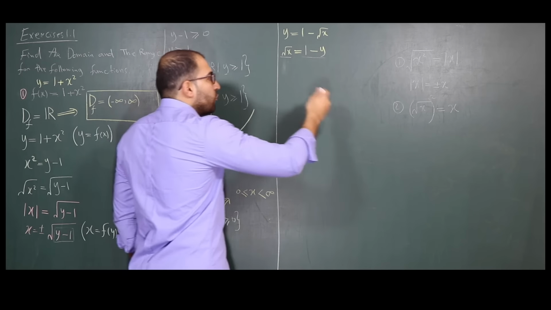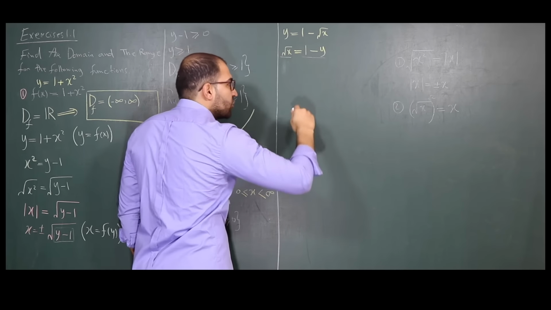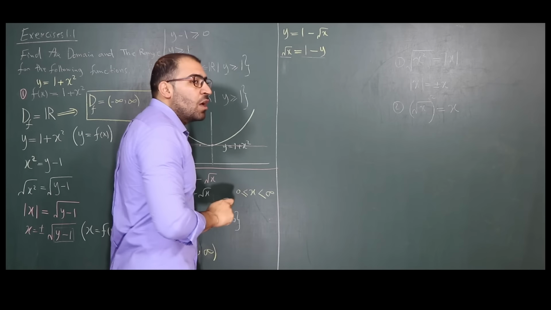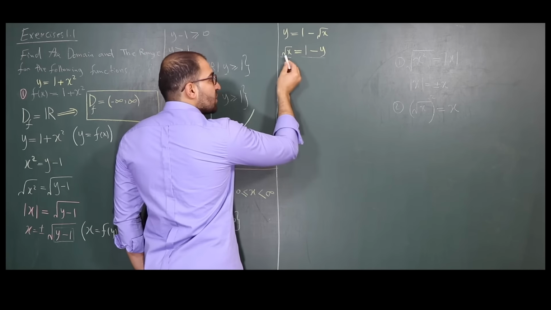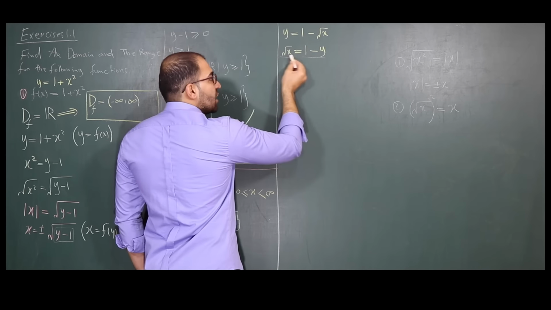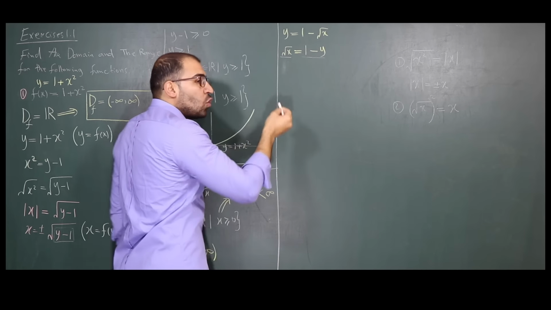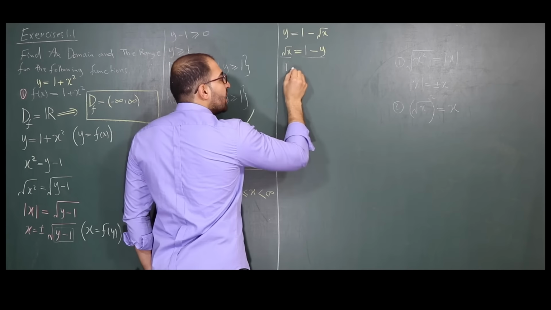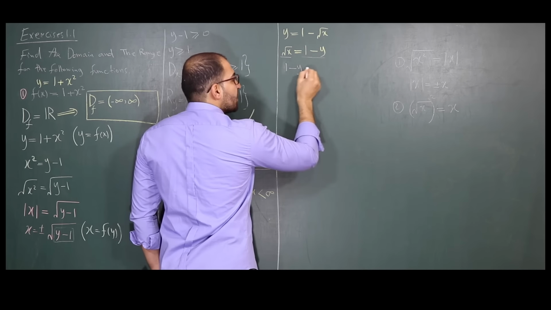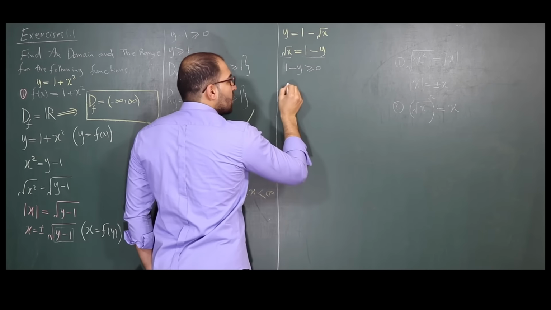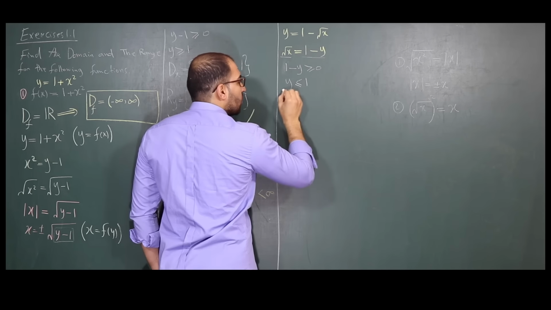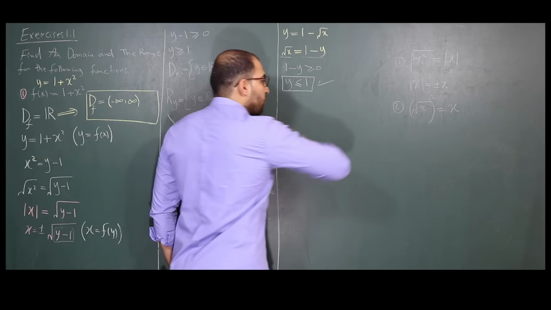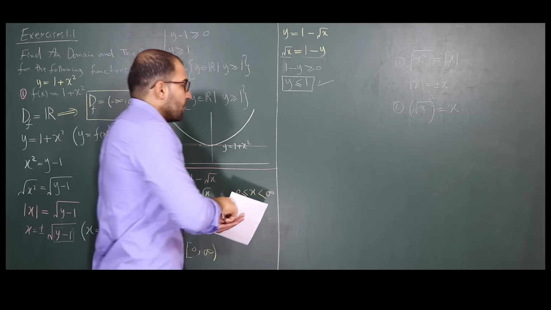I don't have to simplify this expression more to find the conditions on the element y. I can say as soon as the square root of x is always positive or 0, I can say that 1 minus y is greater than or equal to 0. So y should always be less than or equal to 1, right? I can find the range from here.